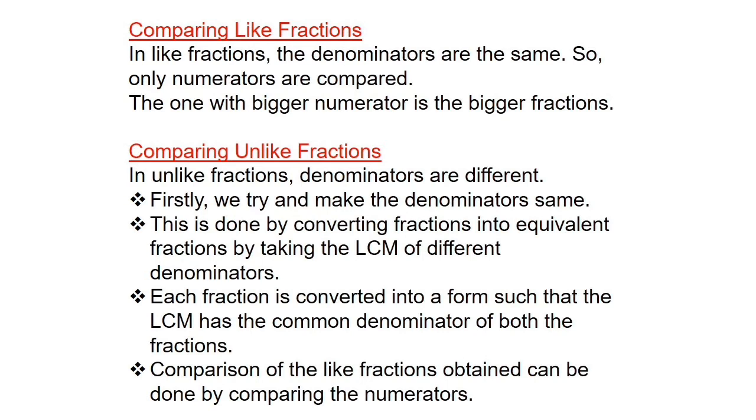This is done by converting fractions into equivalent fractions by taking the LCM of the different denominators. Each fraction is converted into a form such that the LCM is the common denominator of both the fractions. Comparison of the like fractions obtained can be done by comparing the numerators.